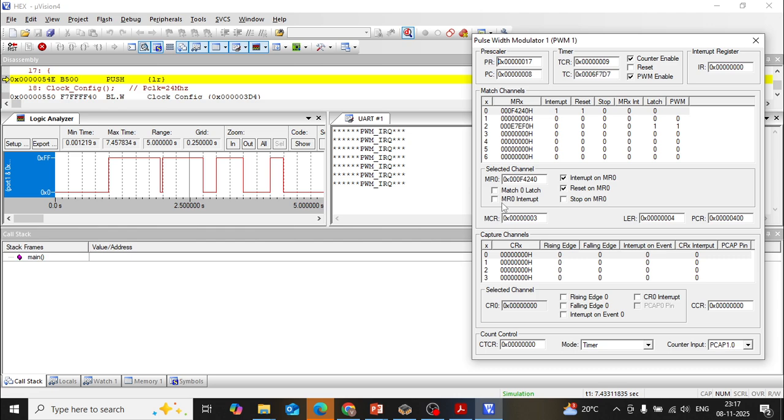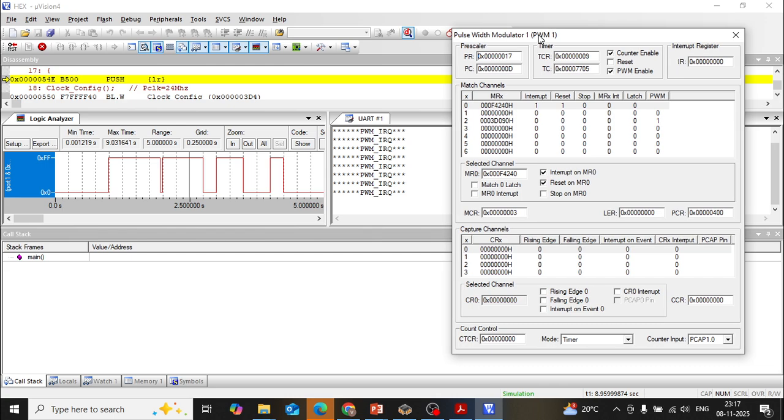There was an interrupt, and as soon as there is an interrupt, the UART terminal will print that there is an interrupt. And at the same time, the different PWM signals are generated continuously. Okay, so in this way you can generate an interrupt from the pulse width modulation as well, and you can execute your ISR whenever there is an interrupt.